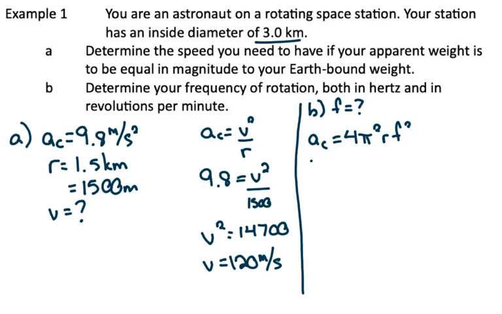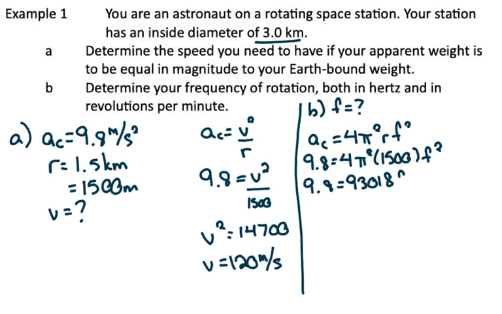Substituting what we know, we already know a_c is 9.8. 4 pi squared, r is 1,500. And f is what we don't know. On the right side, we can multiply 4 times pi squared times 1,500, which gives us 93,018 f squared.